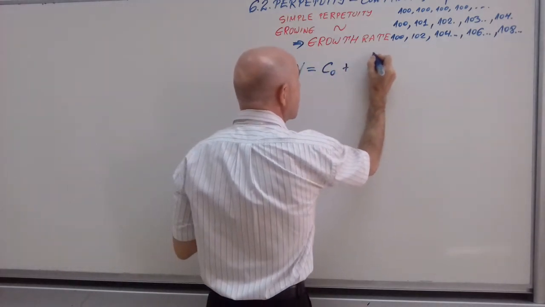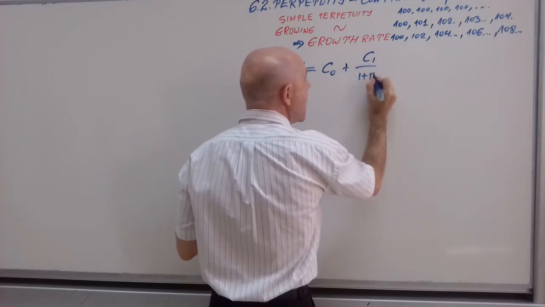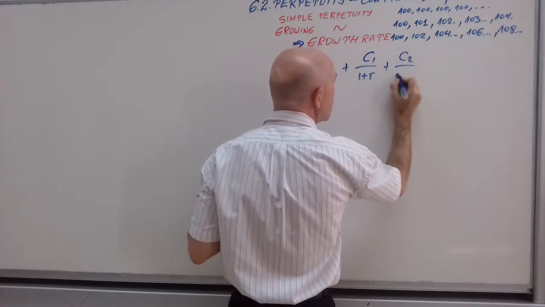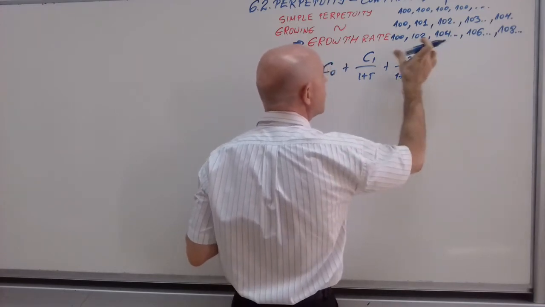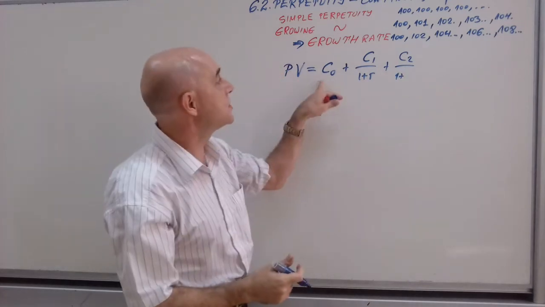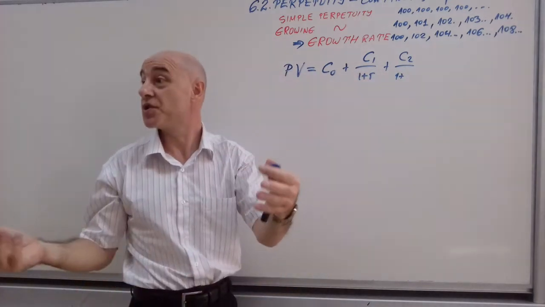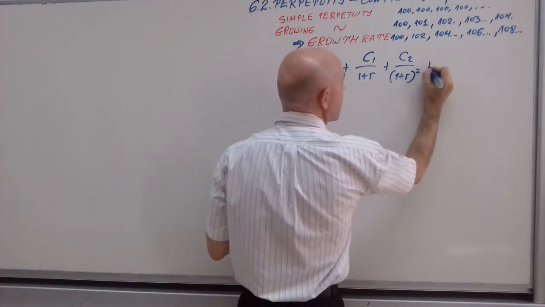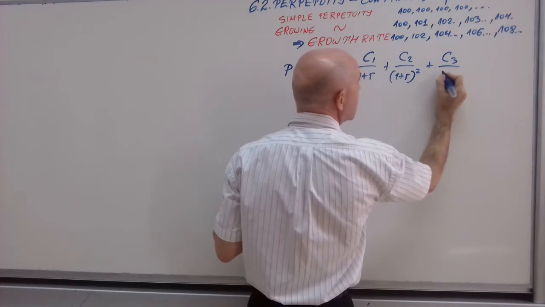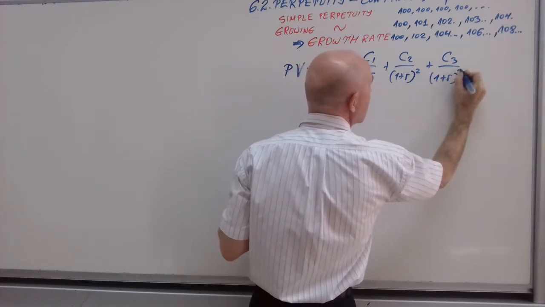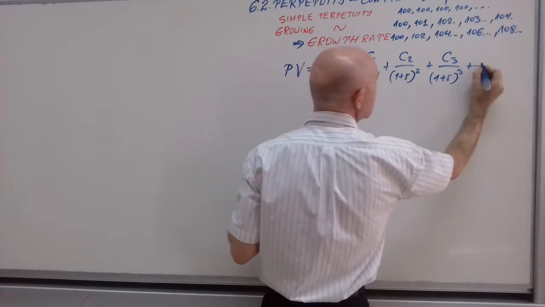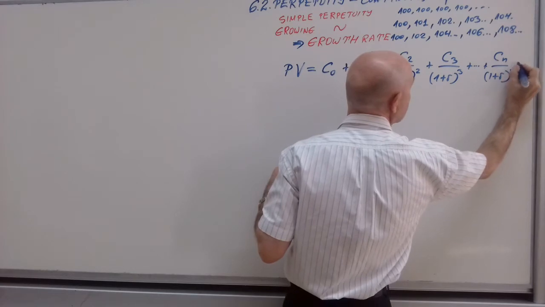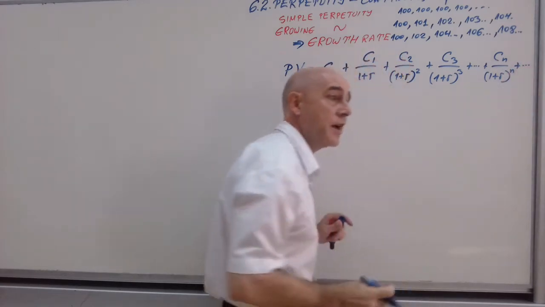Plus C1 over 1 plus R, plus C2 over 1 plus R squared, plus C3 over 1 plus R cubed, plus dot dot dot, plus Cn over 1 plus R to the n, plus dot dot dot.